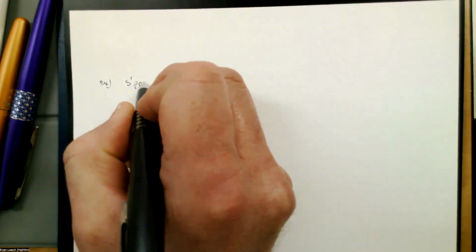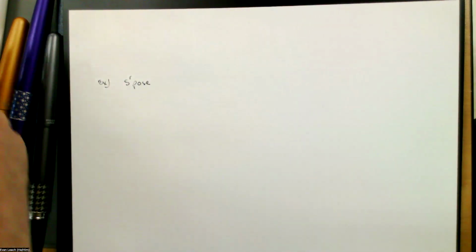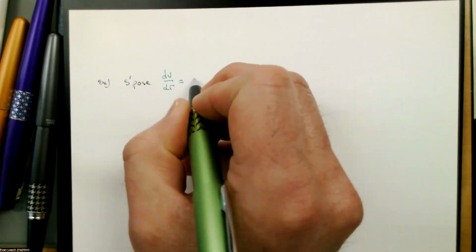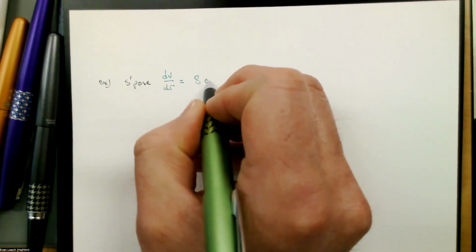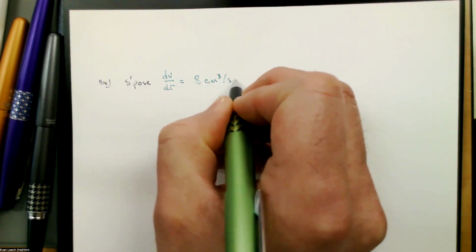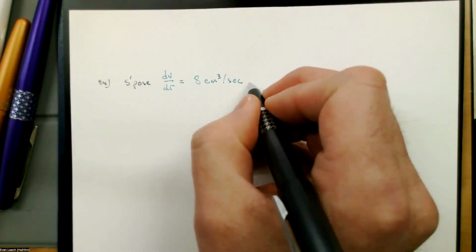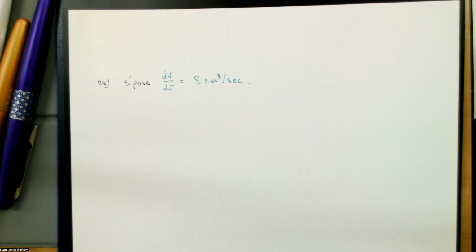I didn't leave enough space. Let's suppose that dV/dt is 8 cubic centimeters per second.